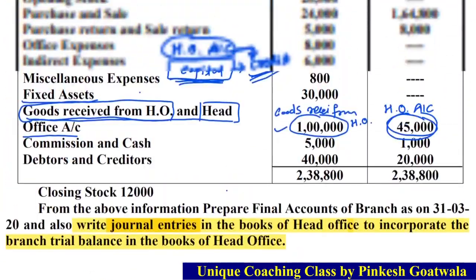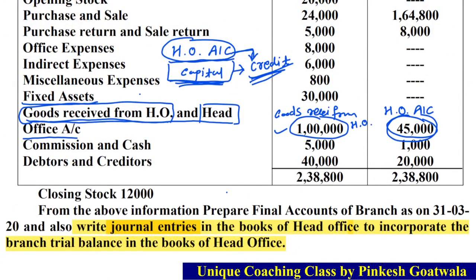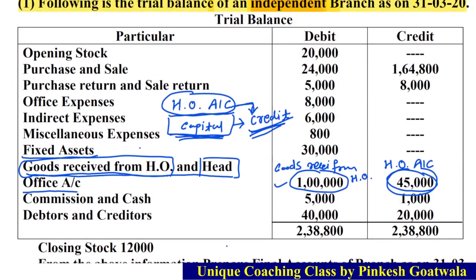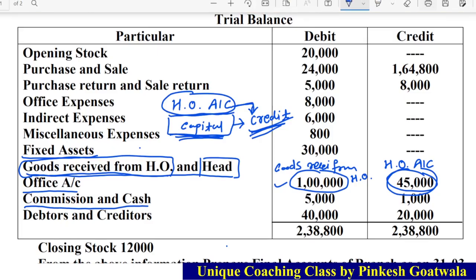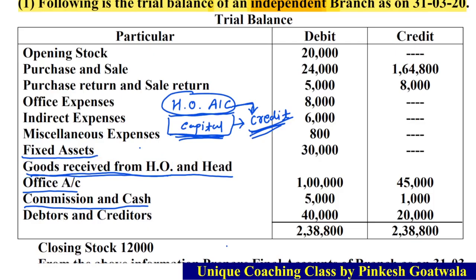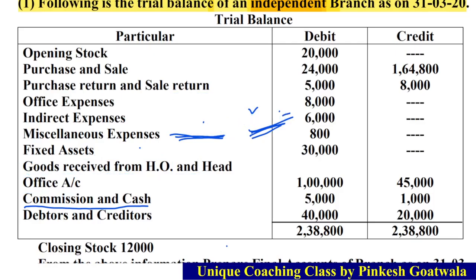Now the next was commission and cash. Okay, commission and cash, 5,000 and 1,000. Now here again question, which is related to commission and which amount related to cash. Okay, કઈ commission ની amount કહેવાશે ને કઈ cash ની amount કહેવાશે.